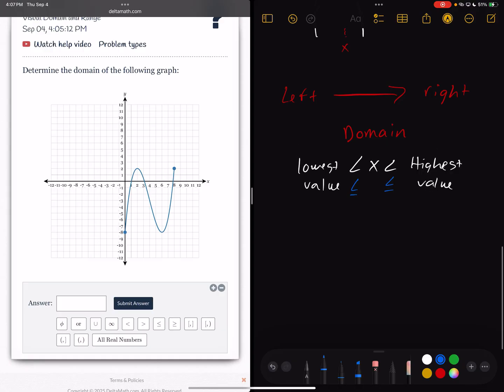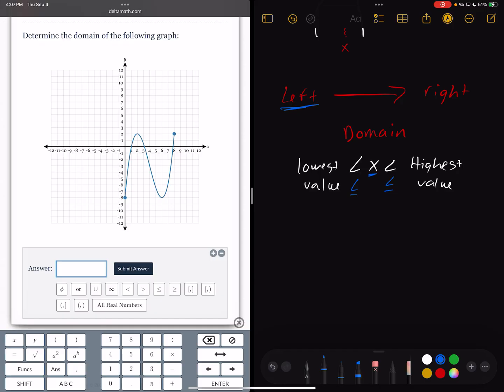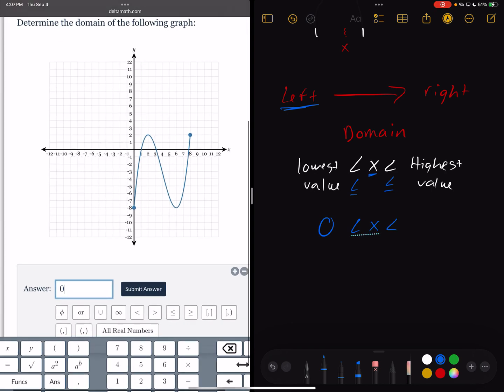So here we go. If we're talking about domain, let's see how far left of the graph we go. Since we're talking about the x value, the lowest x value that I see is 0. Less than x, less than. And when I go all the way to the right, the farthest x value that I see is 8.